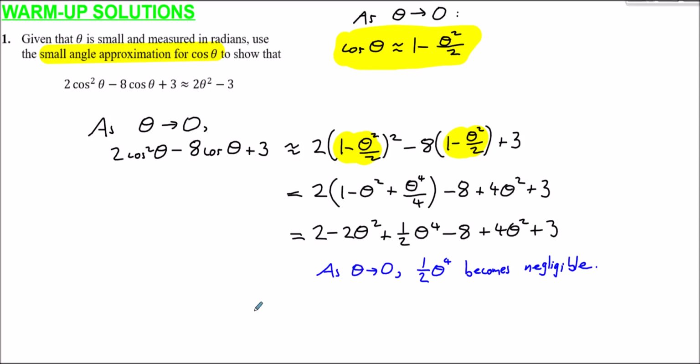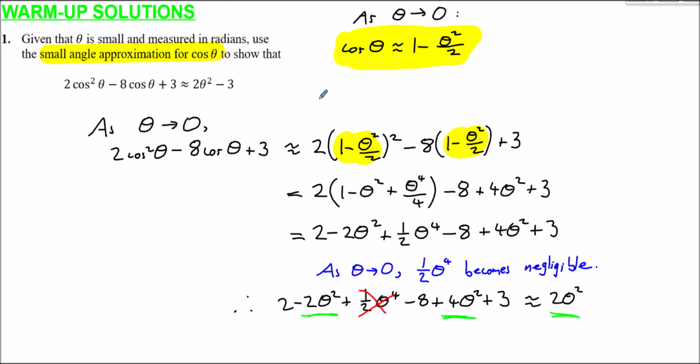So therefore, 2 minus 2 theta squared plus a half theta to the power 4 minus 8 plus 4 theta squared plus 3, we can say is pretty much the same as, we can ignore this now essentially, and group together our terms. So in terms of theta squareds, we've got 4 theta squared here, take away 2, gives us the 2 theta squared like we needed.